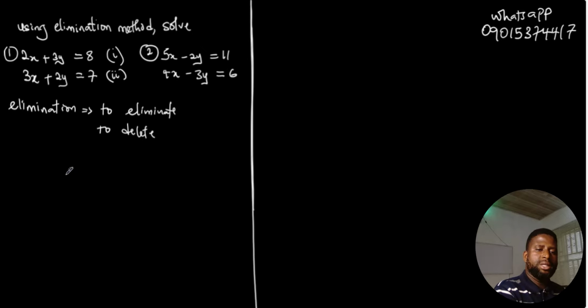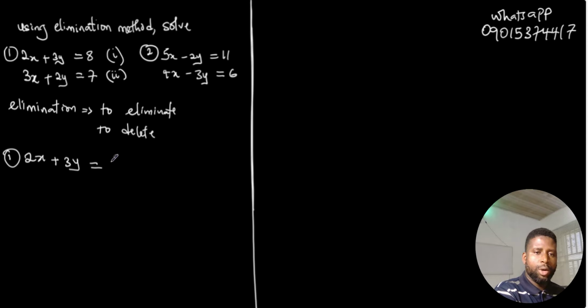Now, if you look at the questions, question 1, we have 2x plus 3y equal 8, and we have 3x plus 2y equal 7.